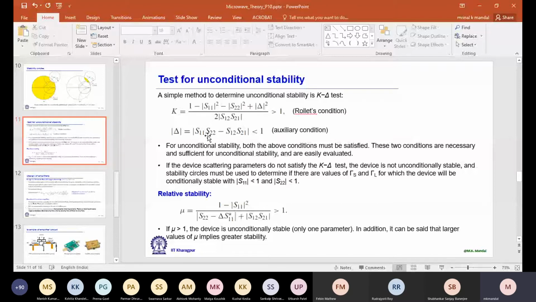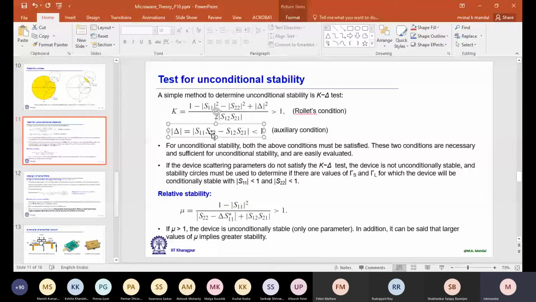Delta, previously also, used the same symbol. So if these two conditions are satisfied, then we'll say it is unconditionally stable. But both of these conditions should be satisfied, otherwise not. So we can say that these two conditions are necessary and sufficient for unconditional stability.